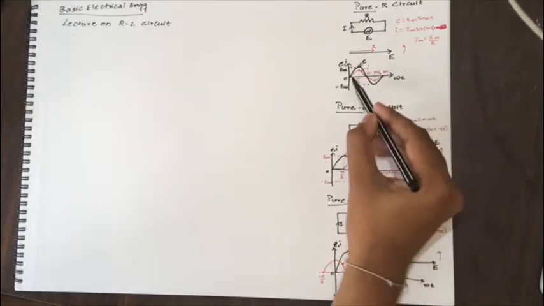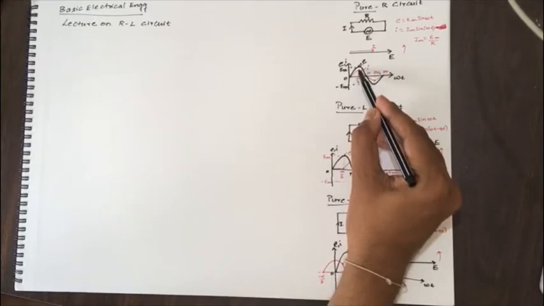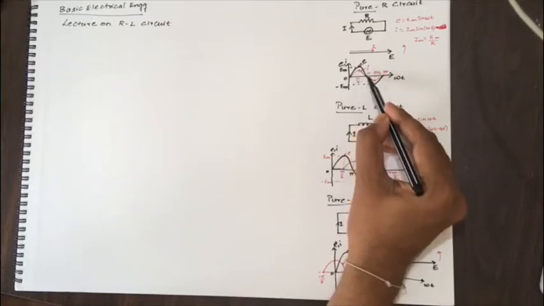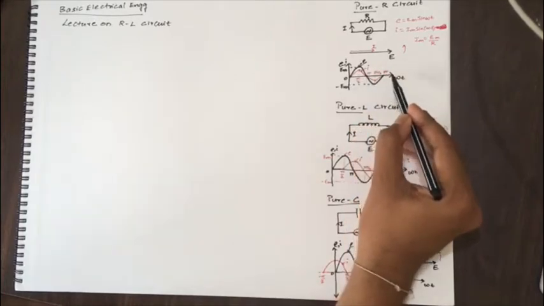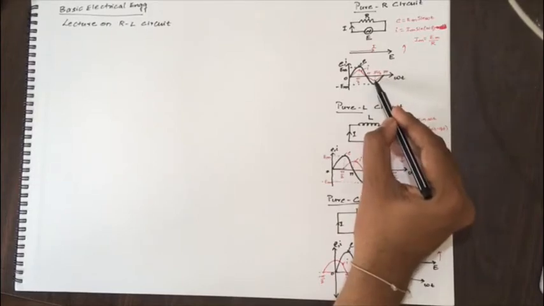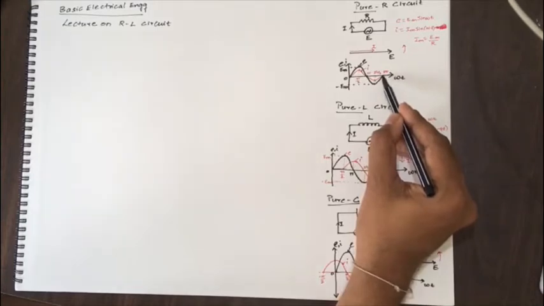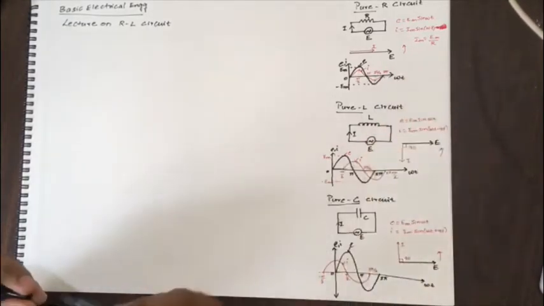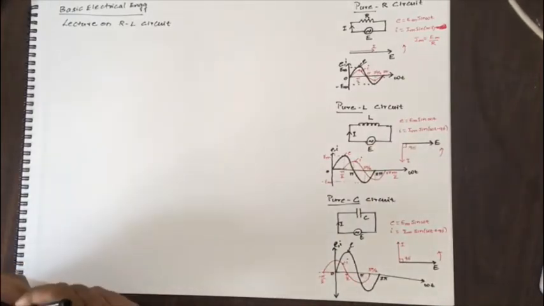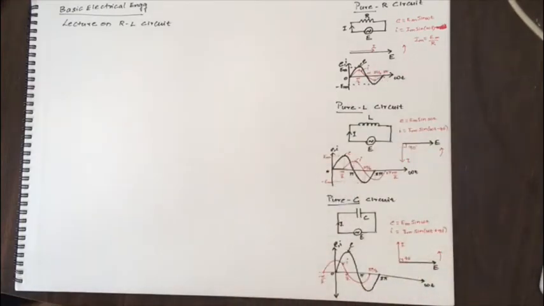It means it starts at omega t equal to 0, reaches its positive maximum at omega t equal to pi by 2 radians, reaches 0 at pi, reaches its negative maximum at omega t equal to 3 pi by 2 radians, and completes its cycle at omega t equal to 2 pi exactly. This relation shows the voltage and current in resistance are in phase, or we can say the phase difference between voltage and current in resistance is 0.